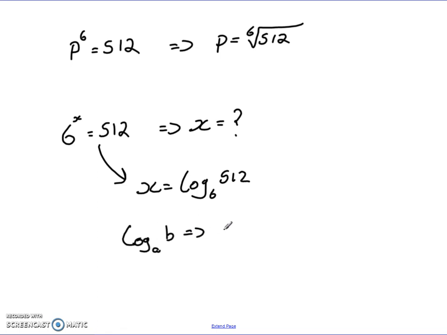What this literally is telling you is the power of a which gives b. So what power of a gives b? And that's literally what the question was asking us. So what power of 6 gives me the number 512? So when we rearranged it, log to the base 6 of 512 literally meant what power of 6 gives me the number 512. And this is the idea of a logarithmic function.